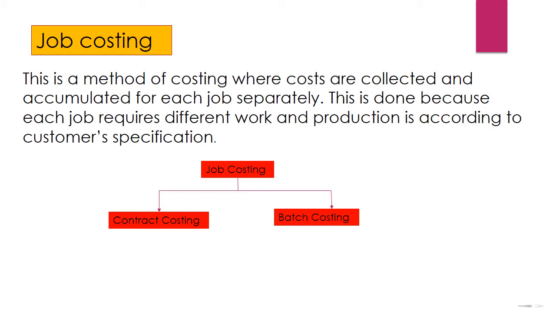But in the case of batch costing, similar products are produced in batches. So the cost for each batch of product will be taken and it will be divided among the number of units. For example, the production of medicine, then biscuit manufacture, garment manufacture, spare parts and components manufacture, etc.